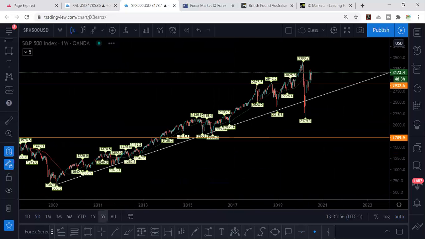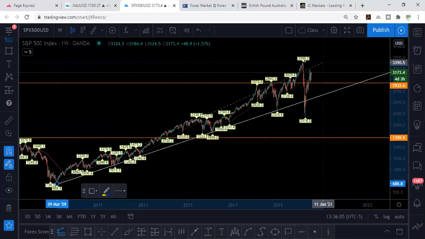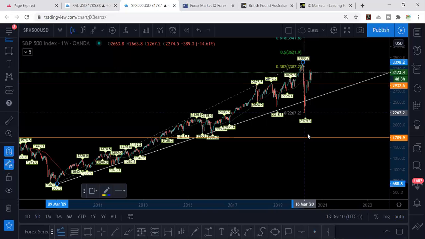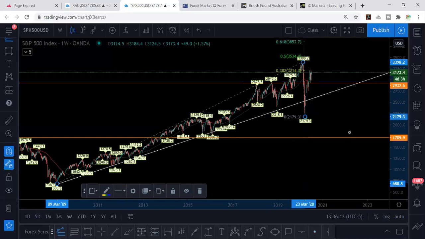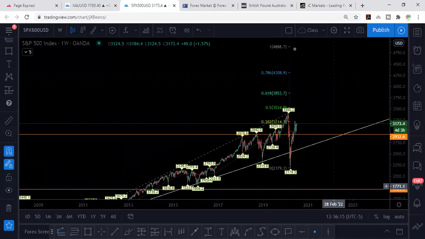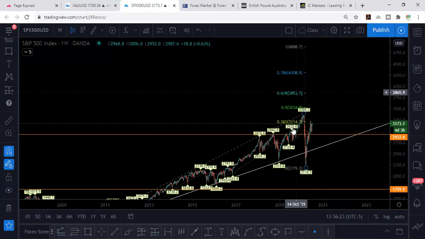If we take the continuation from here, the pullback, continuation equal, 488. But after that, I could see a bullish run. But who knows? So delete.